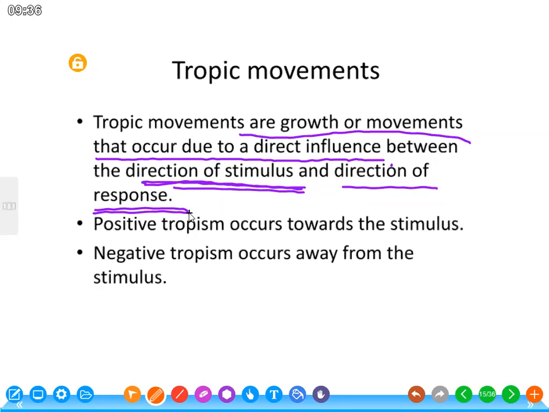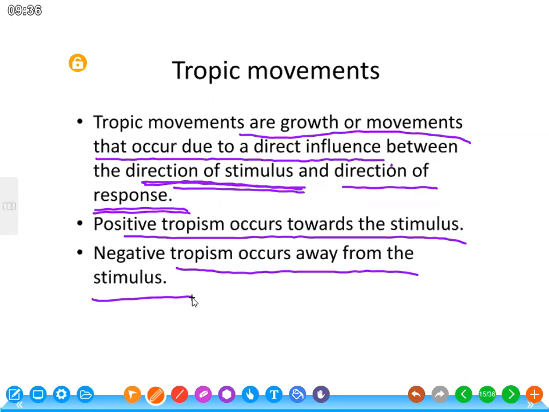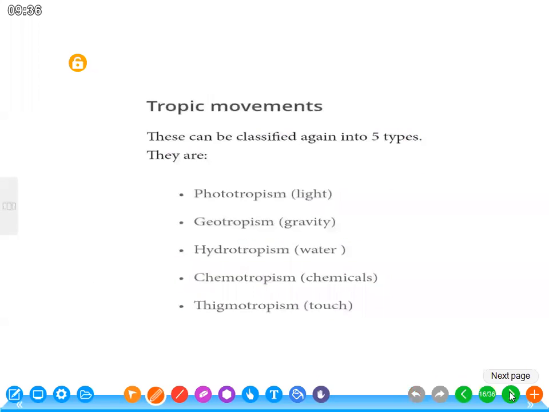Positive tropism occurs towards the stimulus, and negative tropism occurs away from the stimulus. Okay. Right.